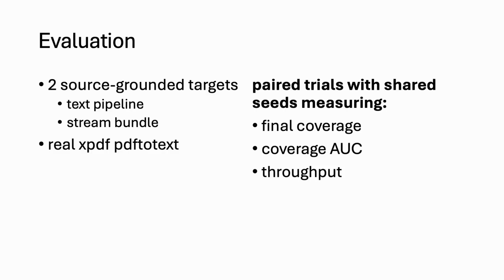So the way I measured these three targets is by doing paired trials against a baseline, and the baseline in this case is the same fuzzer with all of the scout and route logic disabled. I made them paired trials so that the baseline and candidate, the candidate being scout and route, start from the same random state and the same seed pool. And I report final edge coverage, coverage area under the curve, and throughput.